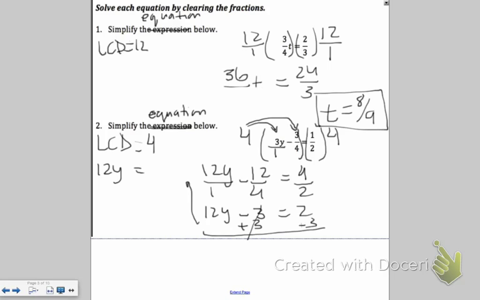Okay, I can't read my own signs here. We're adding 3 on both sides, so we have 12y is equal to 5. And when we divide by 12, we get y is equal to 5 over 12.